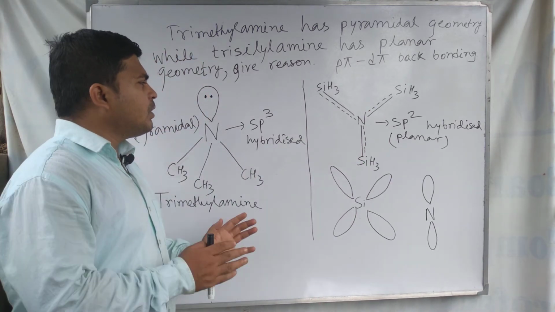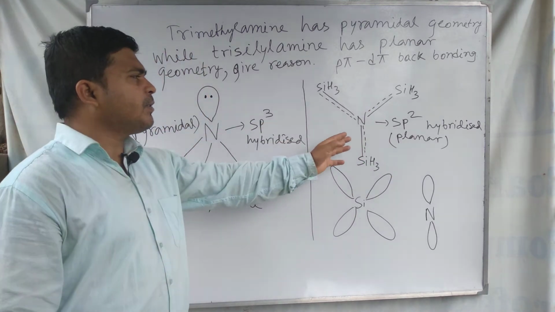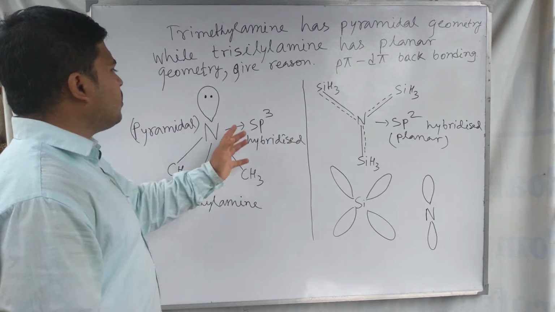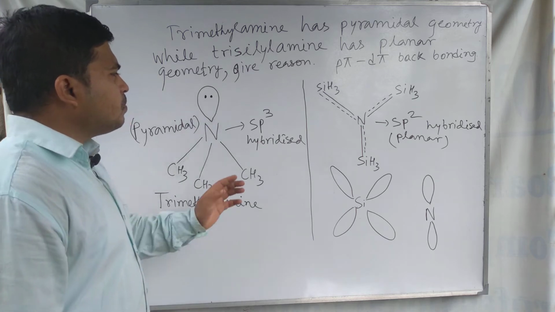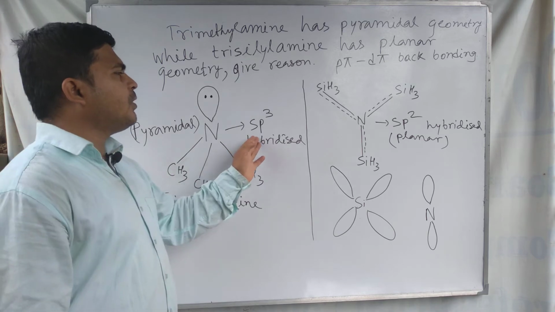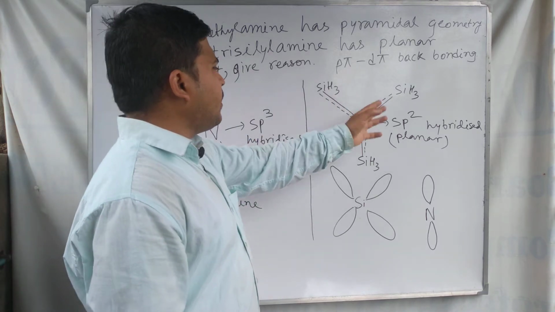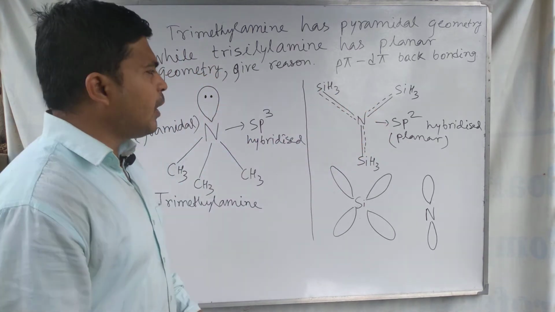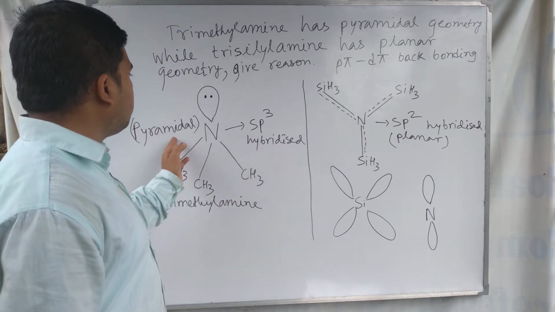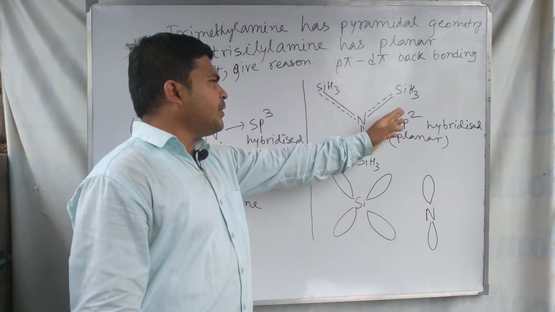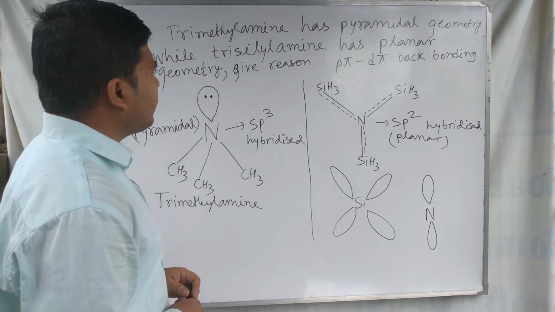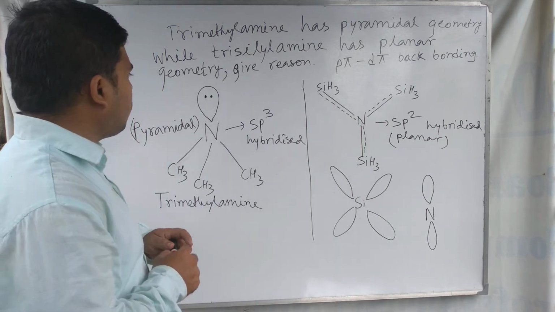So why is the hybridization changing in trisilylamine rather than in trimethylamine? Why is it sp3 in trimethylamine and sp2 in trisilylamine? The geometry of trimethylamine is pyramidal and the geometry of trisilylamine is planar. So we will understand the reason for this, and pp back bonding.